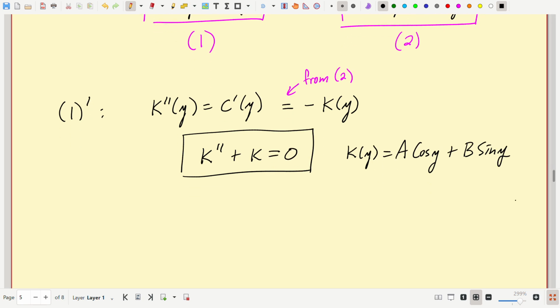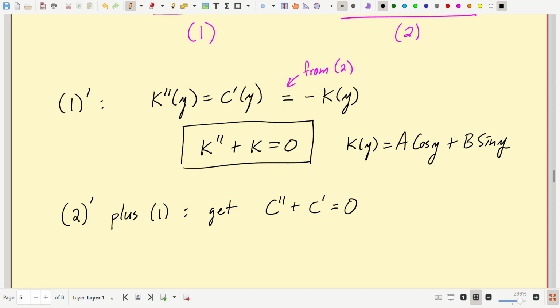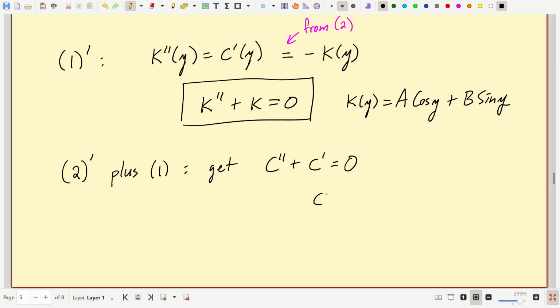And you can do the same thing with 2 prime. If I take the derivative of 2 and use 1 similarly, I get that c satisfies the same differential equation. And so c of y is going to be the similar thing. Maybe I'll call it capital A cosine y plus capital B sine y.